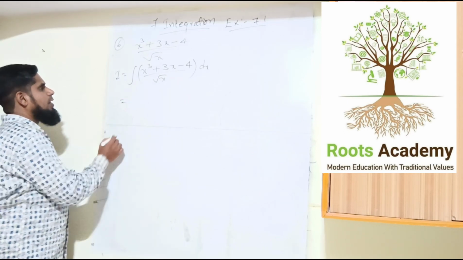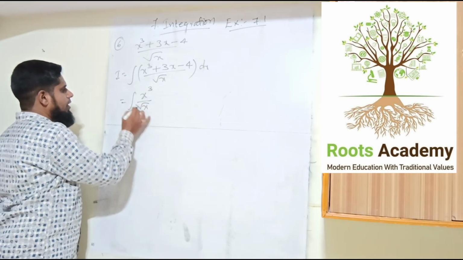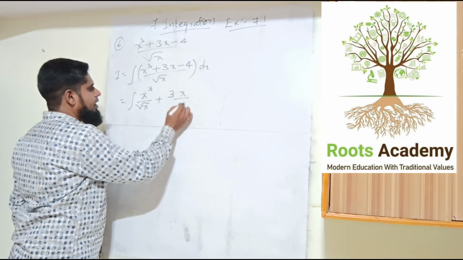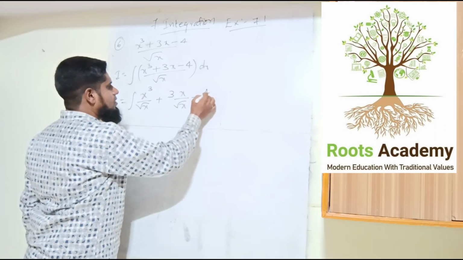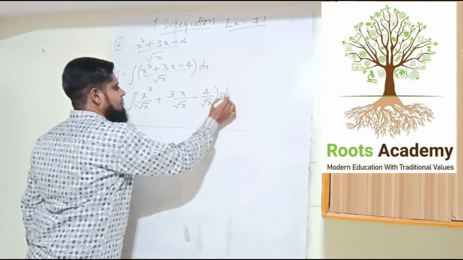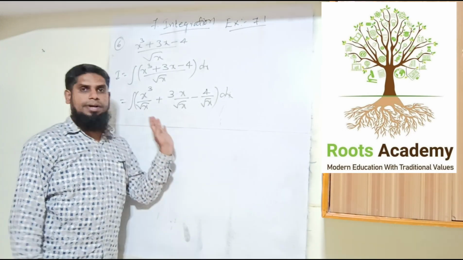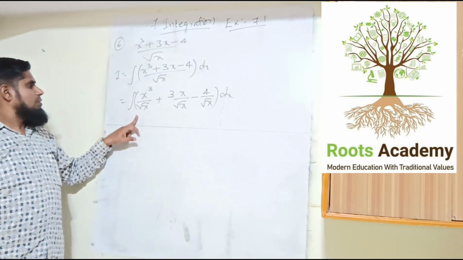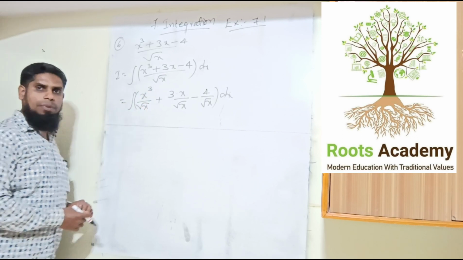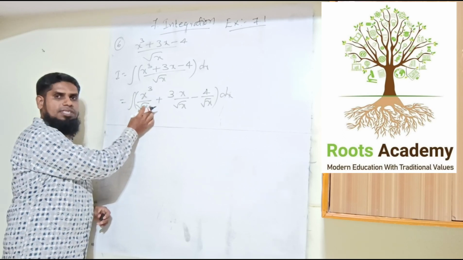So this will be the integration of x cubed divided by root x plus 3 into x divided by root x minus 4 divided by root x. It is like this. Now after splitting this, x power 3, and it is x power half in the denominator, because root x means x power half.